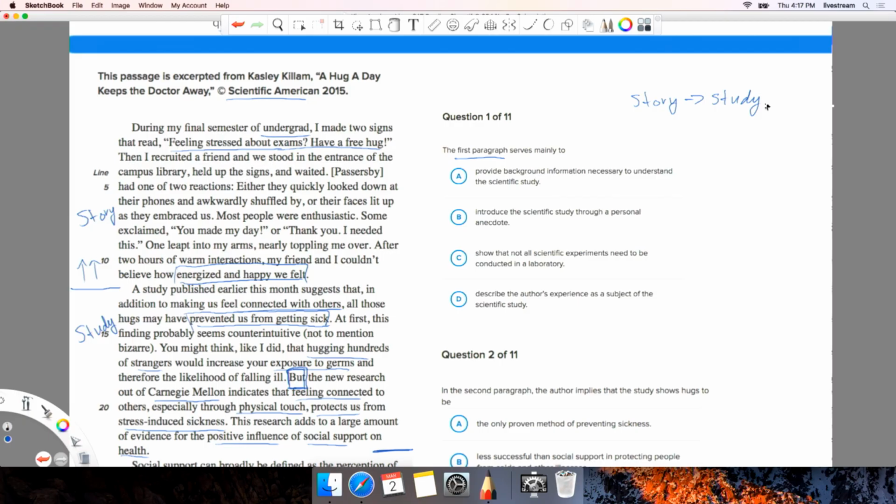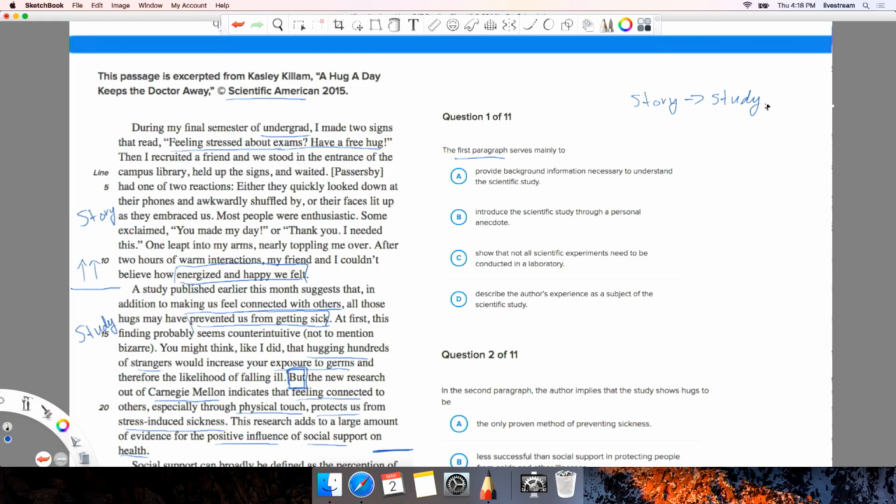And as you can see, it doesn't have to be super sophisticated and complex. In fact, if you have a good understanding of the passage, the prediction is often pretty simple. In a few words is all that you need. And so now I can uncover the answer choices A through D and take a look at which one matches my prediction: the author used the first paragraph as a story, as a way of introducing and giving background for the study.